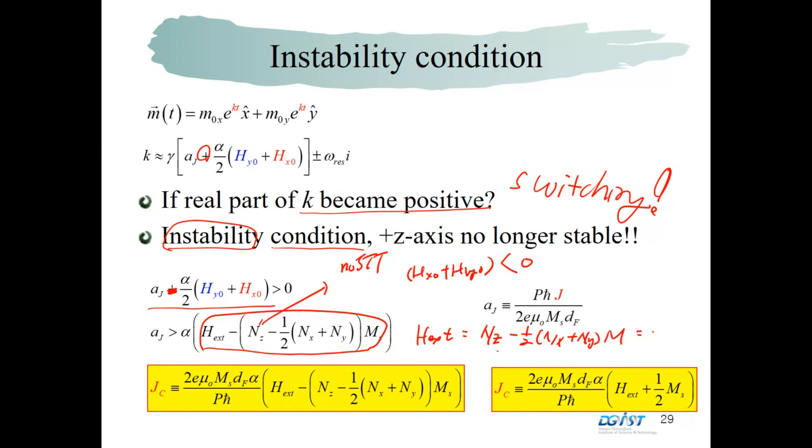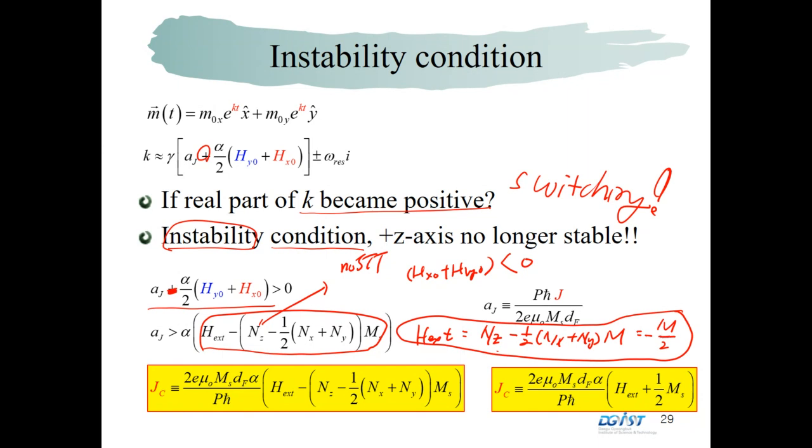That's the switching condition when they have only the DMI field.